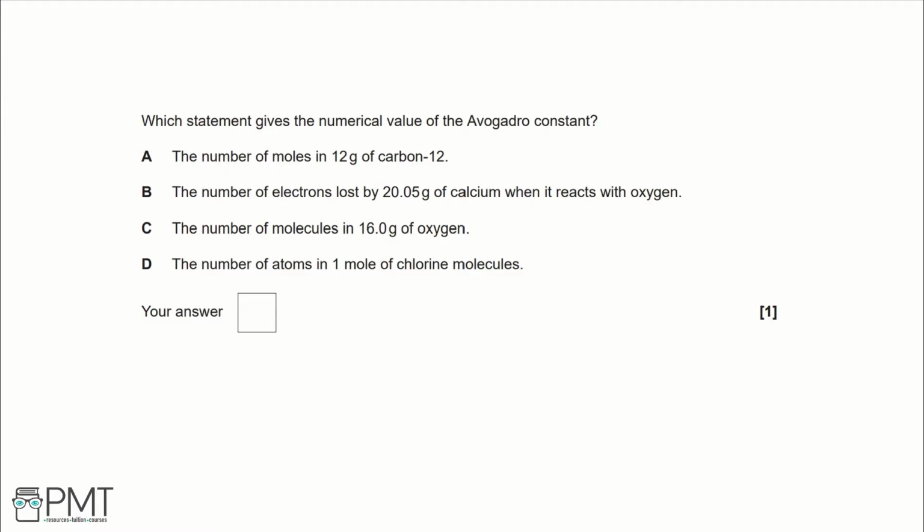So let's start this question by identifying Avogadro's constant. Avogadro's constant is 6.023 times 10 to the 23. If we look at the different options, looking at A first, we're going to use the equation triangle of mass divided by relative formula mass to work out the number of moles in 12 grams of carbon-12.